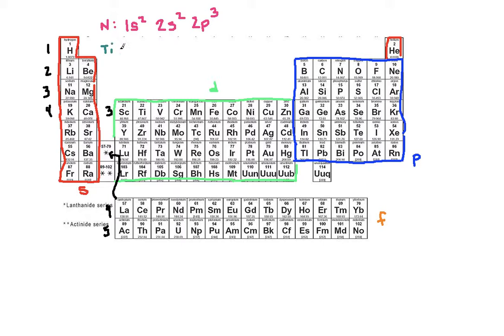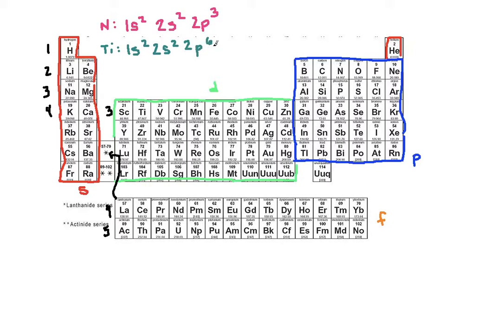Okay. I'm going to start here at the top, end up down there. So it's going to be 1s2. Then 2s2. Then I want to include all of these guys, all 6 of these, so 2p6. Okay.